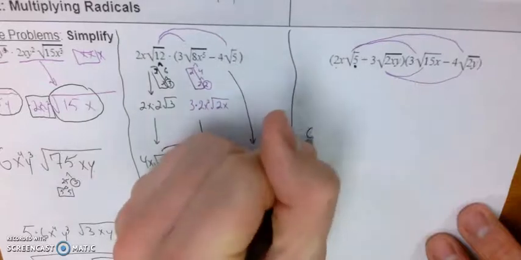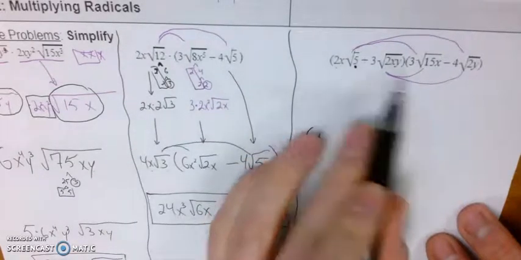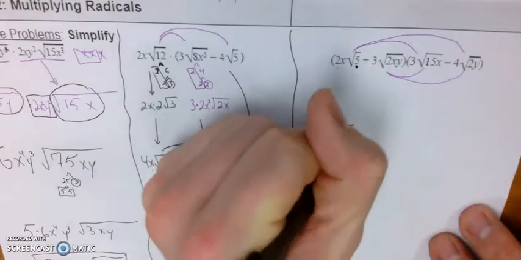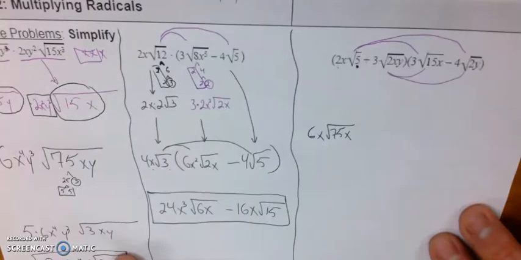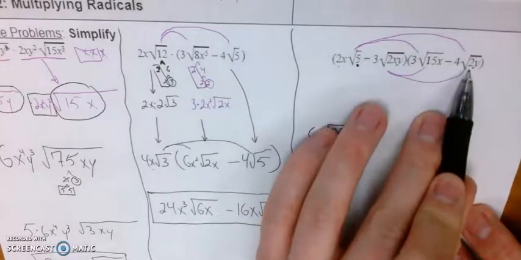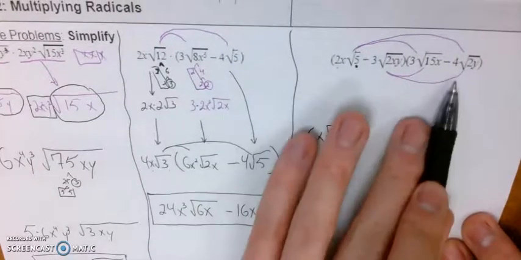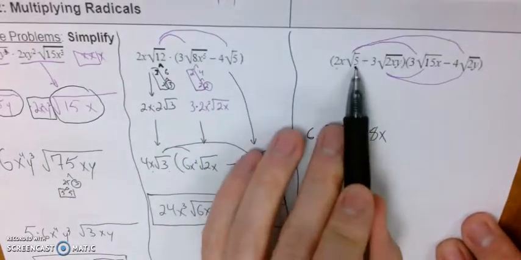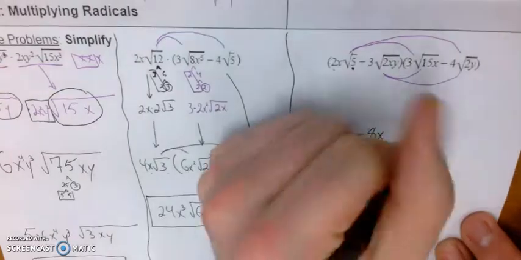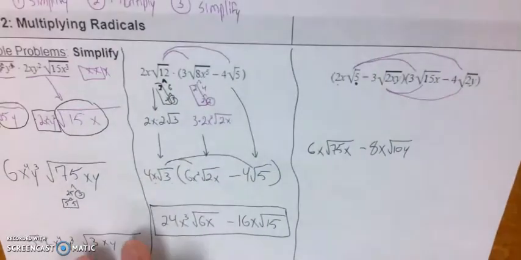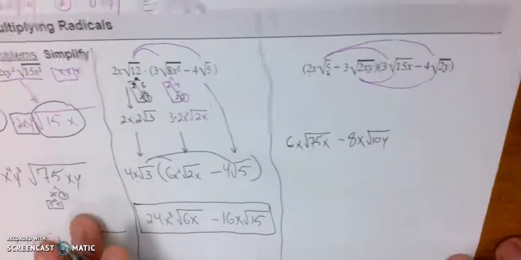2x times 3 is a 6x. Rad 5 times rad 15x would be a rad 75x. 2x rad 5 times a negative 4 rad 2y. 2x times a negative 4 is a negative 8x. Rad 5 times a rad 2y is rad 10y. Excuse me.